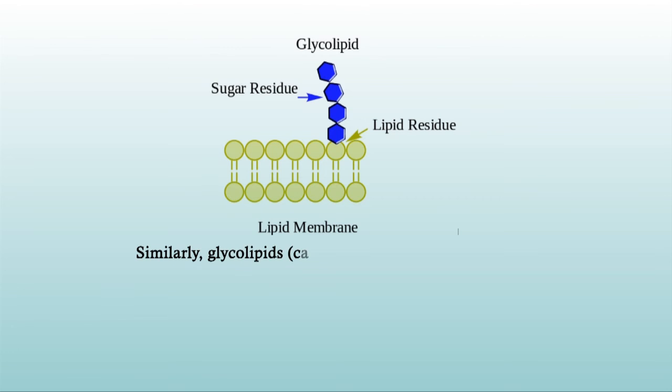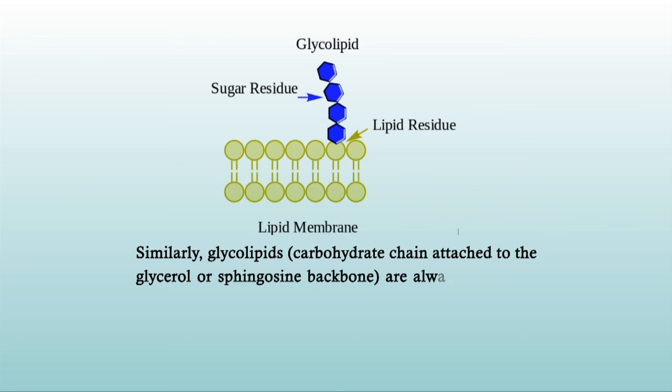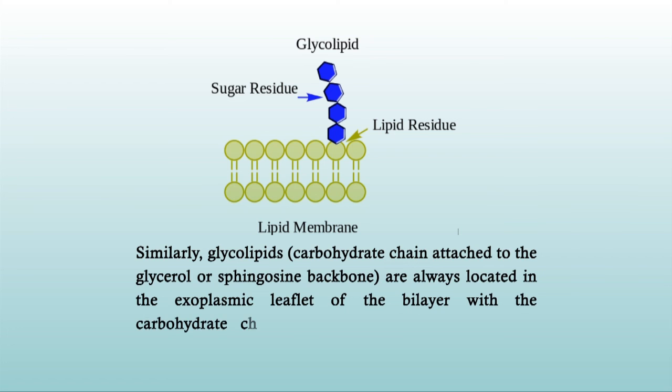Similarly, glycolipids, or carbohydrate chains attached to the glycerol or sphingosine backbone, are always located in the exoplasmic leaflet of the bilayer, with the carbohydrate chain protruding from the membrane surface.